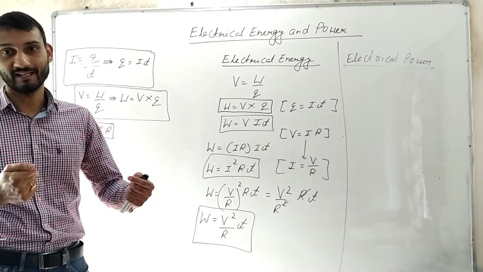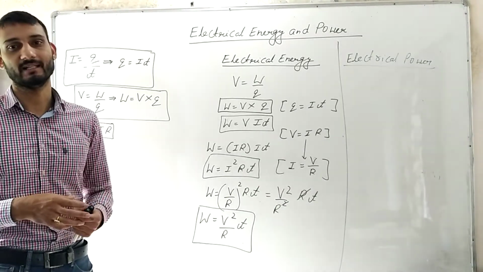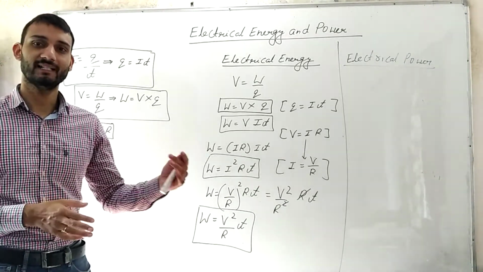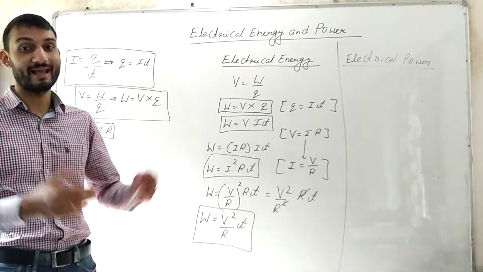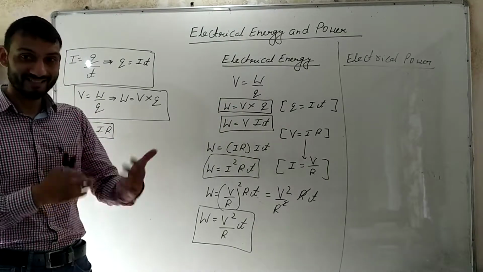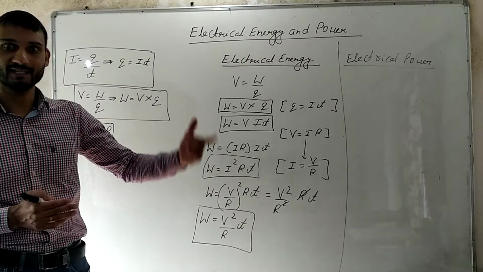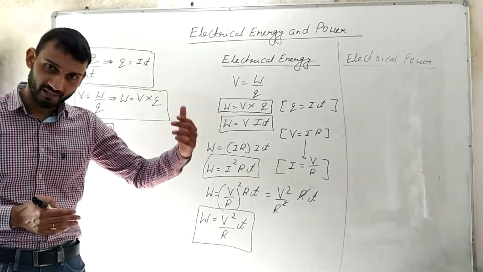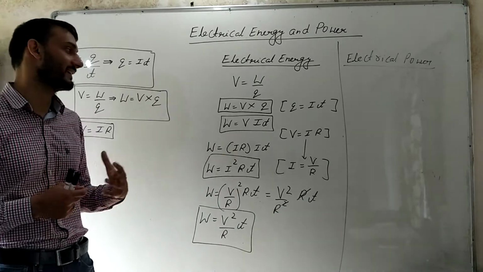In case of an electric bulb, this electrical energy gets converted into light energy. In case of a speaker, this electrical energy gets converted into sound energy. So many examples are there. So in this conversion, work always takes place, and this work gets stored in the form of electrical energy.